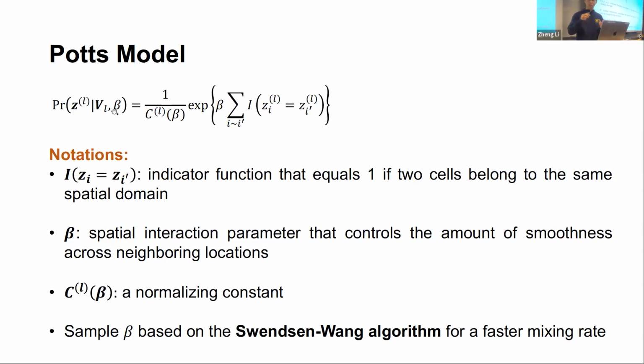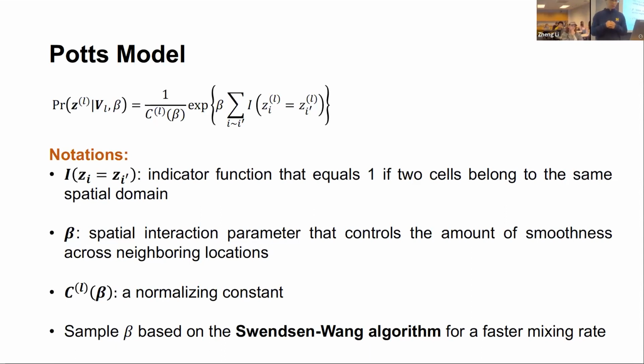This graph basically tells you what cells are the neighbors of each cell. And we construct this neighborhood graph using the spatial location matrix by searching for each cell the k nearest neighbors. And another important parameter, like I described before, is a spatial interaction parameter that controls the smoothness across neighboring locations.